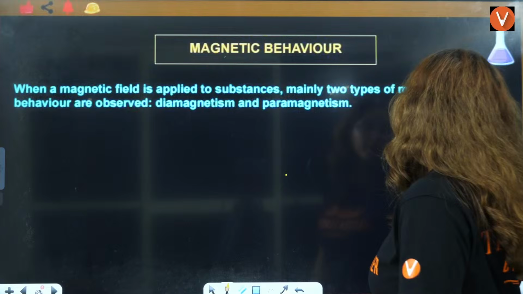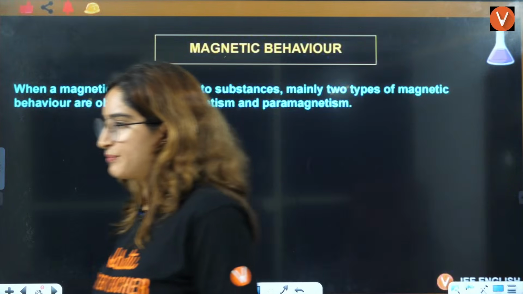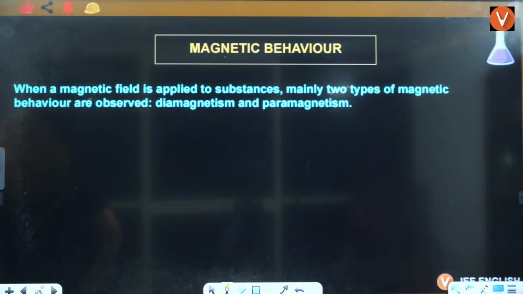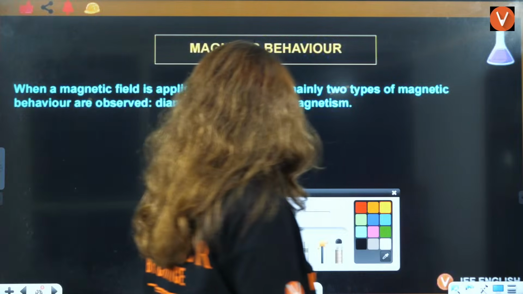Tell me, guys, what you want. If you want to cover magnetic properties now, we can do that even now. Or do you want it in the next class?